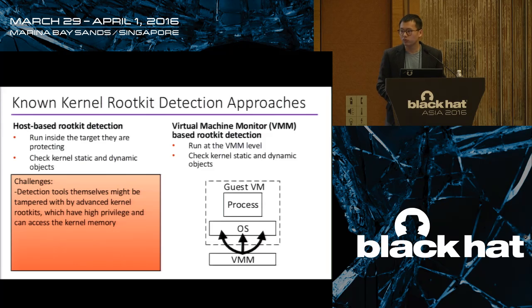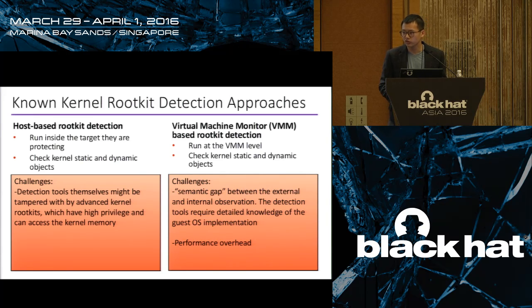So then people proposed a different approach using virtualization. Now the detection tool runs at the VMM level, and the tool at the VMM level also checks the static and dynamic kernel objects. So this is good. It solves the problem of privilege separation, but it also has its own challenges.